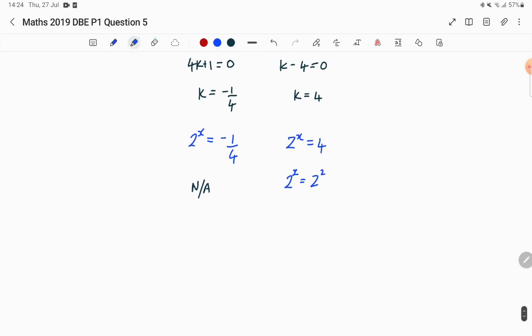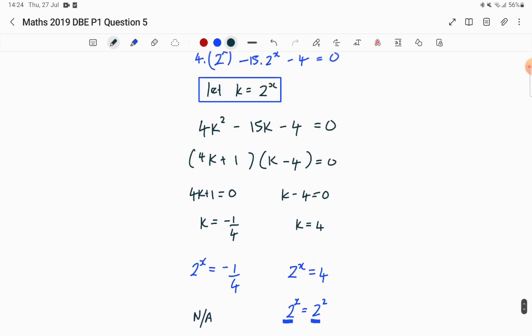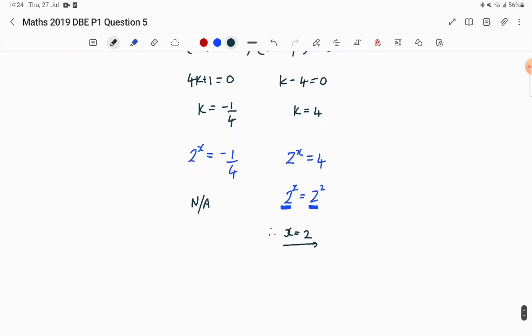And since the bases are the same, thereafter we can equate the exponents. So therefore, x is equal to 2. So this is, I would say, the easiest way. Alternatively, you could have left out the k method and factorized it immediately if you were able to factorize that. But here you should get an x answer, which is equal to 2.